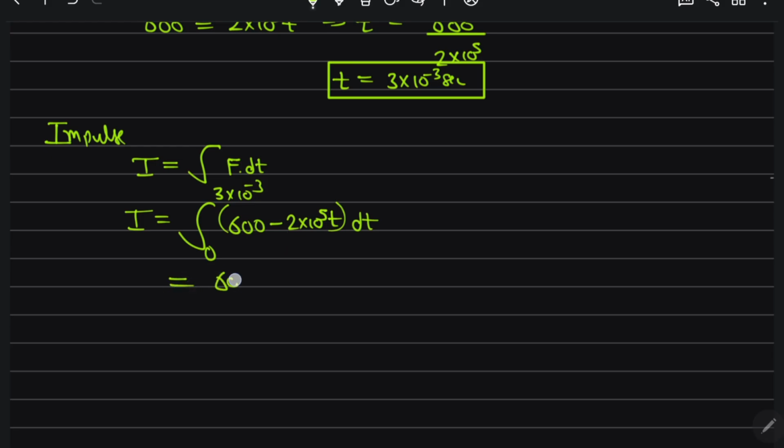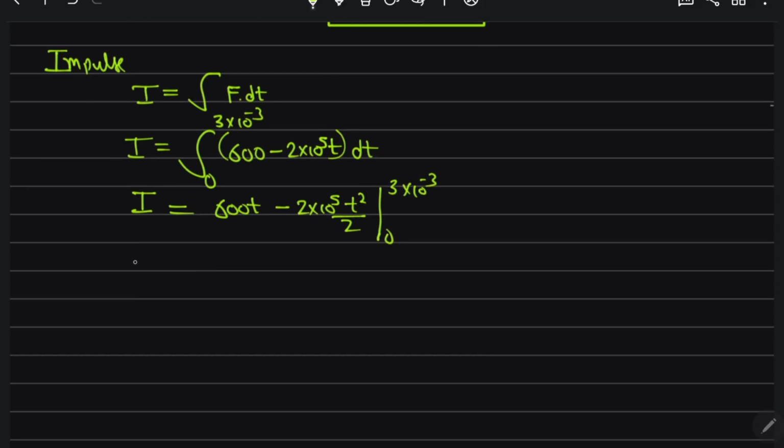So 600 t minus 2 into 10 to the power 5 t square by 2, from 0 to 3 into 10 to the power minus 3. So here you see force is equal to 600, the 2 cancels with 2, 600, and time I can write as 3 into 10 to the power minus 3.